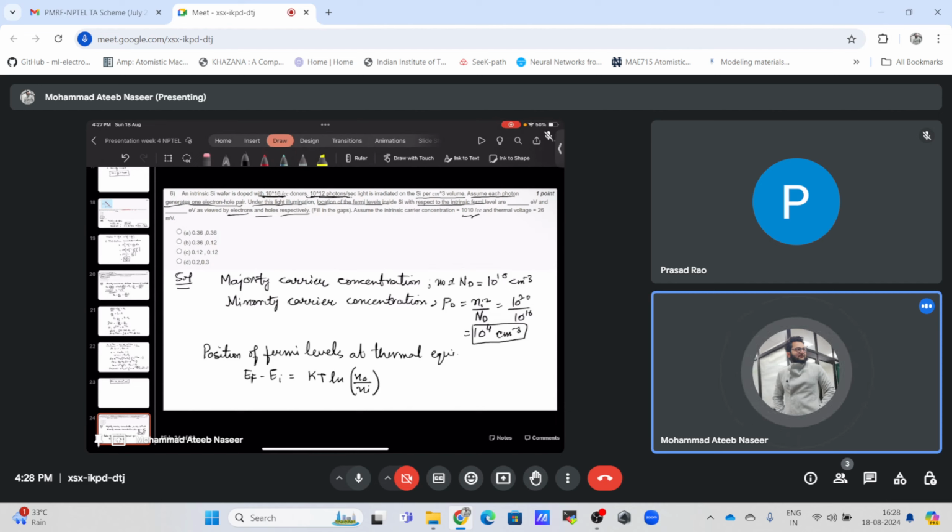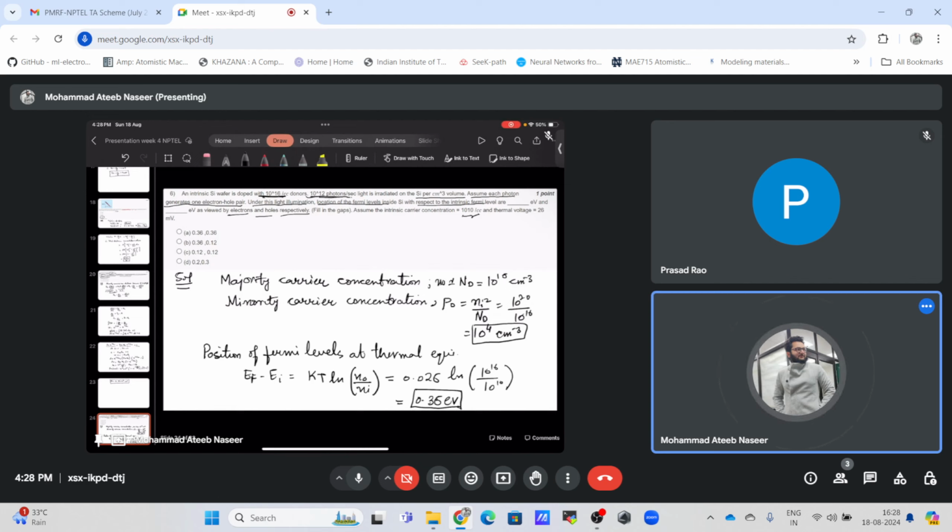This is with respect to the intrinsic Fermi level. At 300 Kelvin, it is 26 milli electron volts times ln of 10 to the power of 16 by 10 to the power of 10, which is ln of 10 to the power of 6, into 0.026. Let me calculate it, and it comes out to be equal to 0.36 electron volts.